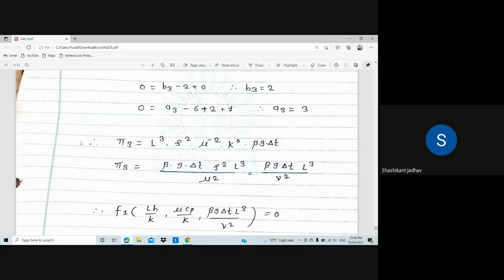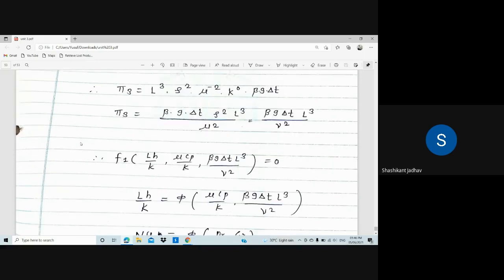Mu by rho is nothing but nu. So in the next step, beta g delta t L cube divided by nu square. Because kinematic viscosity is dynamic viscosity divided by density. So mu square divided by rho square is nothing but nu square. All of you write down the equation of pi3.